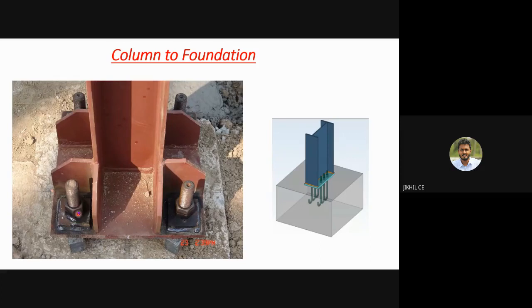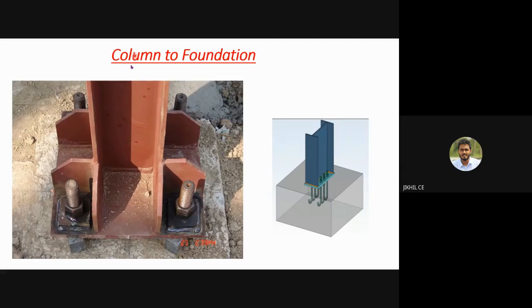And here, these bolts are pre-placed. They are placed while concreting. That means the head and the shank portion, the unthreaded portion, are already placed in the concrete while concreting is done.